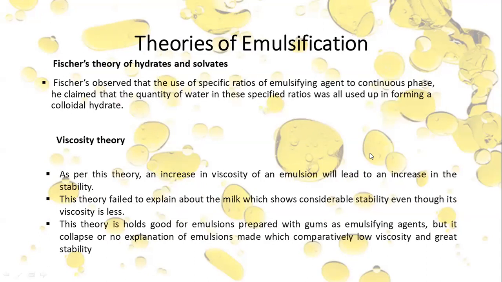Okay, next is Fisher's theory of hydrates and solvents. Fisher observed the use of specific ratios of emulsifying agents to the continuous phase, and he claimed that the quantity of water in these specified ratios was all used up in forming a colloidal hydrate.